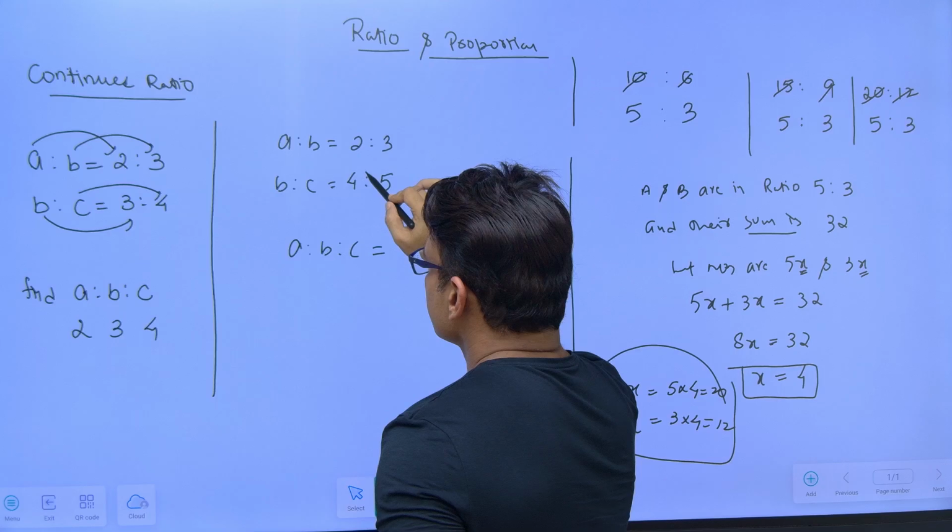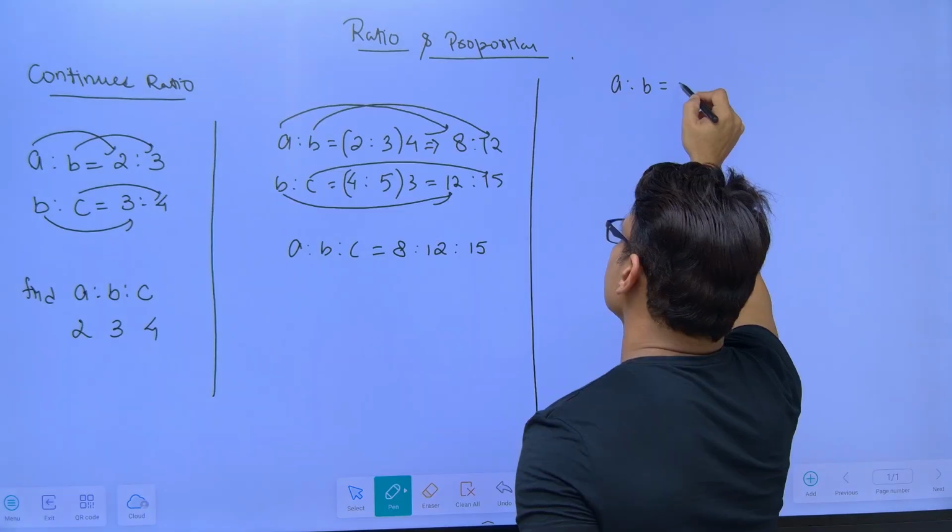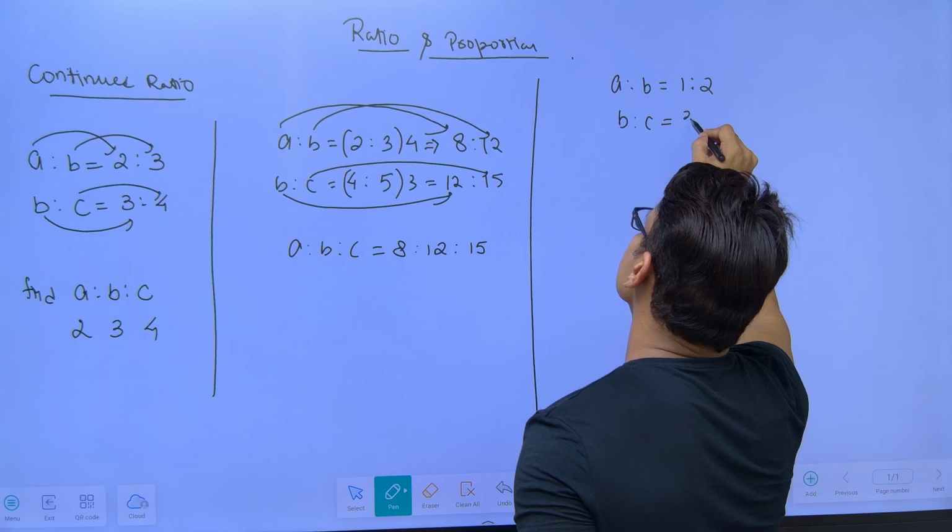And if you have, let's say, A is to B is 1 is to 2, B is to C is 3 is to 5, and C is to D is 7 is to 9, right?